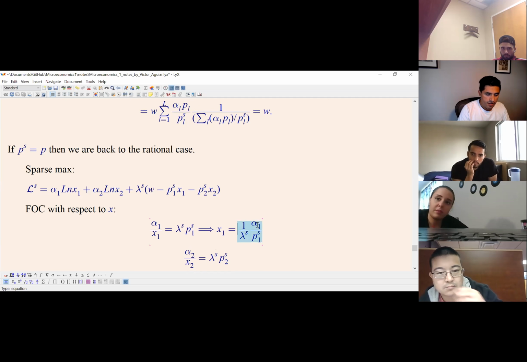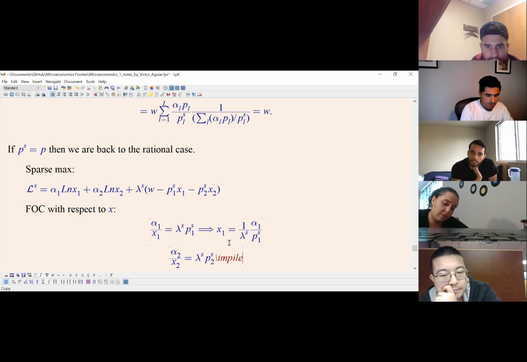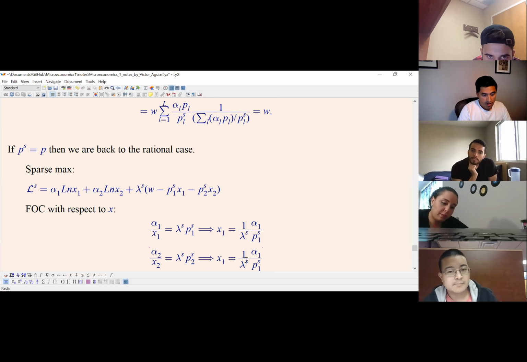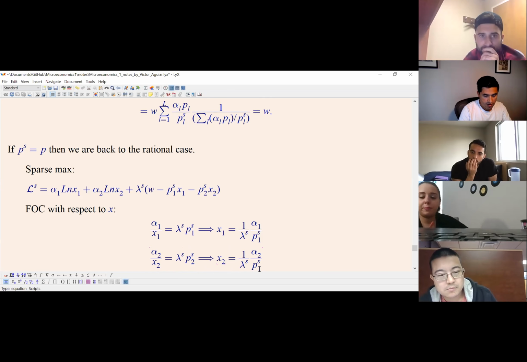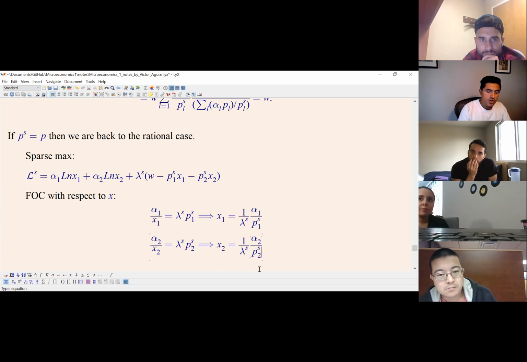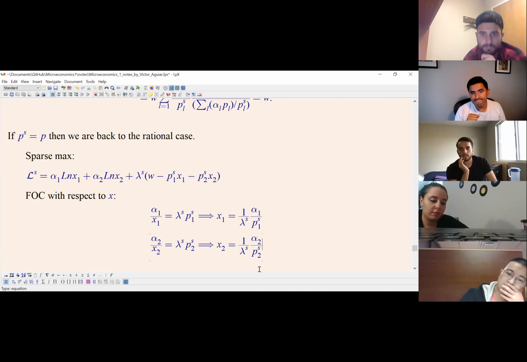Okay. And the same thing for x2. Okay. So you get the output of this algorithm, right? So this is a demand function that depends on the fake price and on the lambda s. Got it?